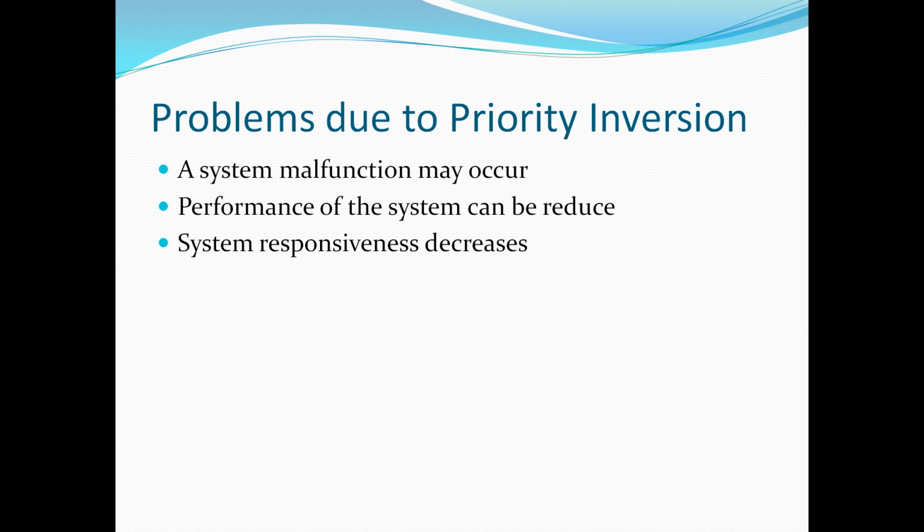Second, the performance of the system can be reduced due to priority inversion. This may happen because it is imperative for higher priority tasks to execute promptly. Next, system responsiveness decreases as high priority tasks may have strict time constraints or real-time response guarantees.